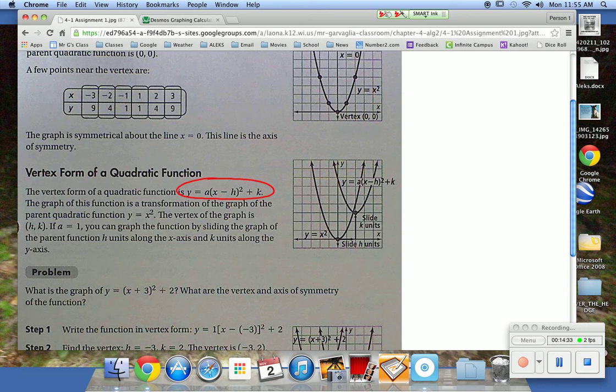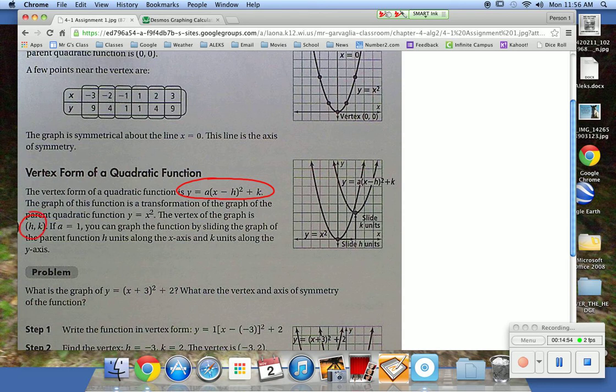If you take a look at this equation, what are my variables in here? I've got a y and an x. I've got h and k. I want you to notice your h and k. What are h and k?